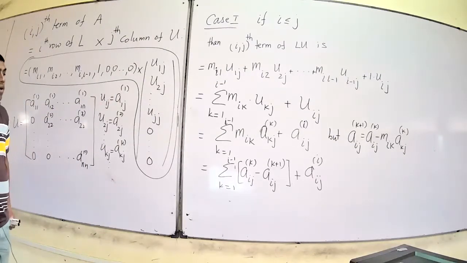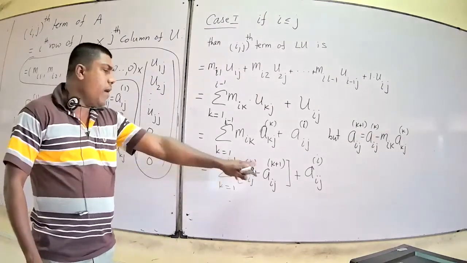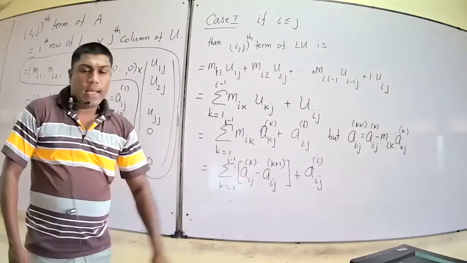Now if you simplify this, when you put k equal to 1 you get aij1 minus aij2, then aij2 minus aij3.